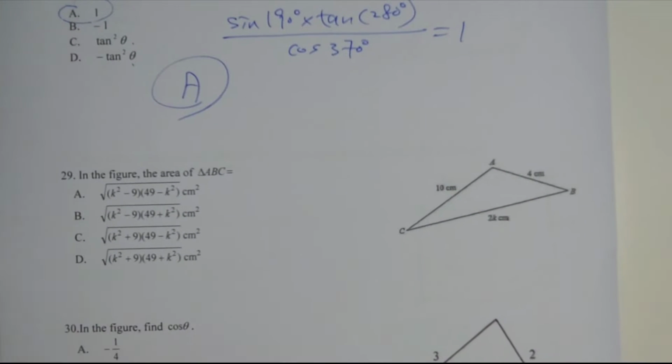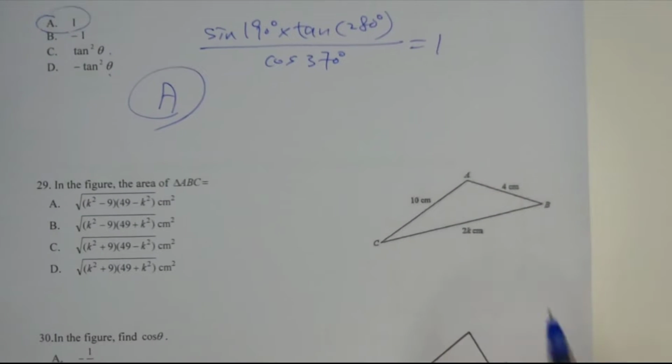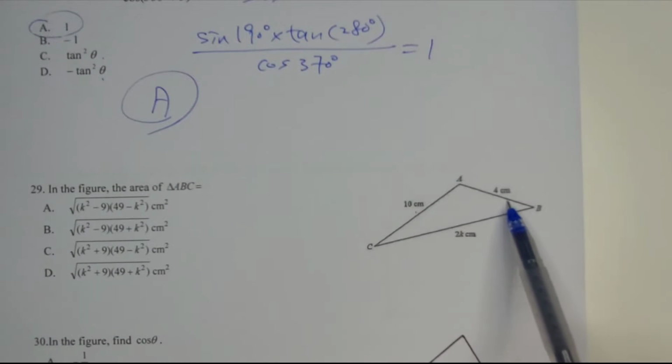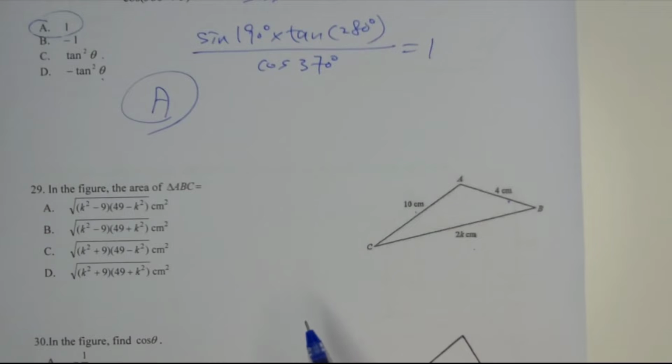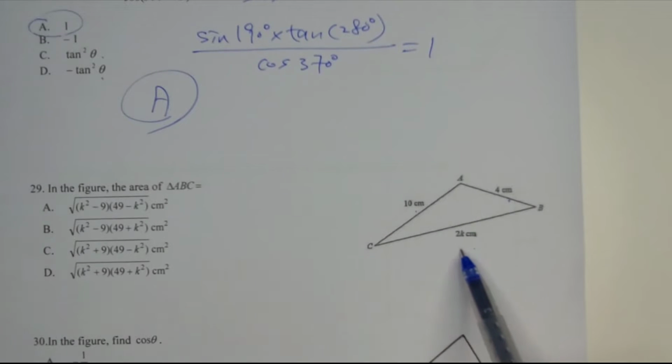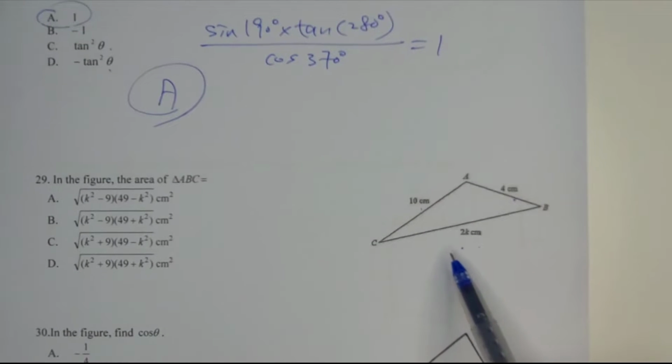For question number 29, three lengths are given, 10 cm, 4 cm, and 2k cm respectively, and you need to find the area of this triangle ABC. So how do we start? As you can see, we can try to use Heron's formula.